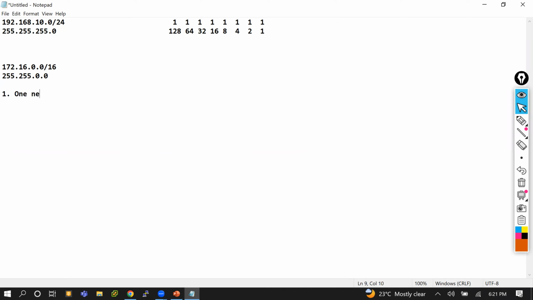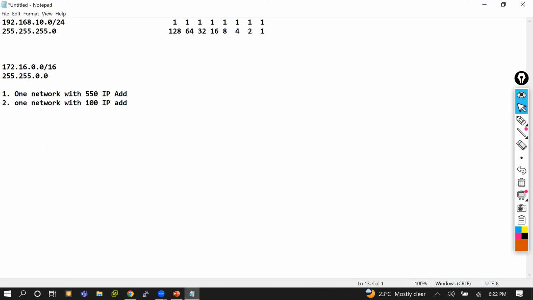One network with 550 IP addresses. Next, one network with 100 IP addresses.